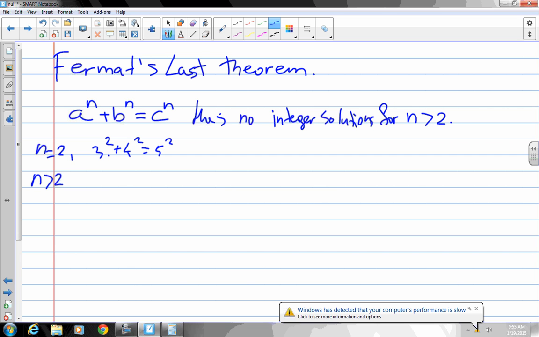They'll write some obscure large number to the power 17 plus some obscure large number to the power 17 equals another obscure large number to the power 17, as if Homer is dreaming of a specific counterexample to that theorem. And if you plug it in your calculator, those numbers are so large that your calculator starts rounding, so it looks like it actually works. So there are close numbers that make it work. You're off by like a couple billion, so it's like, hey, it's basically the same, right?